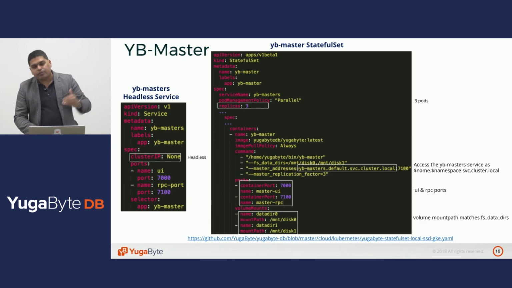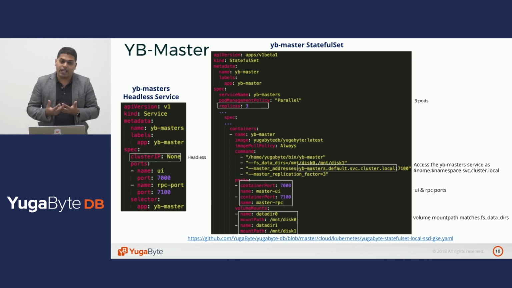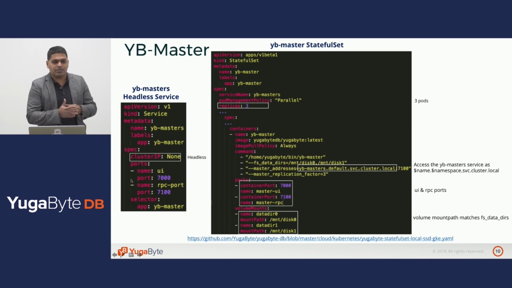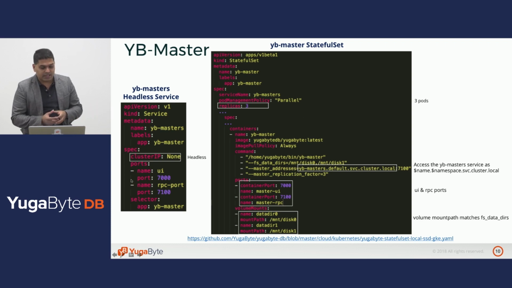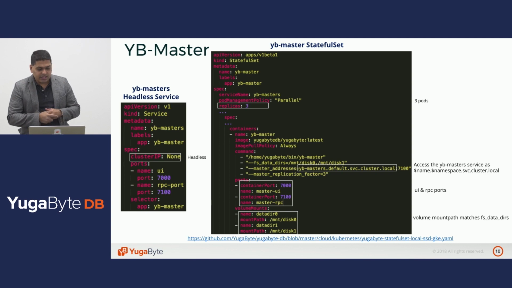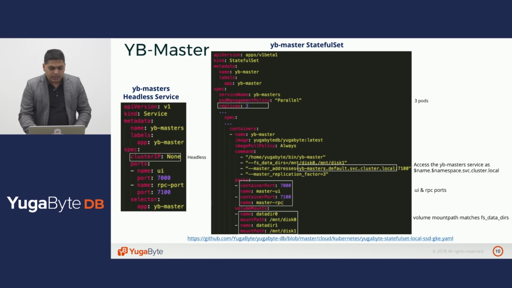And then there are the various UI and RPC ports that need to be exposed to the stateful set. And finally, there is the volume mapping at the bottom. The headless service becomes headless by having cluster IP as none, and all it is doing is taking the same UI and RPC ports and making them available via the headless service. So that was master. It is actually very simple.